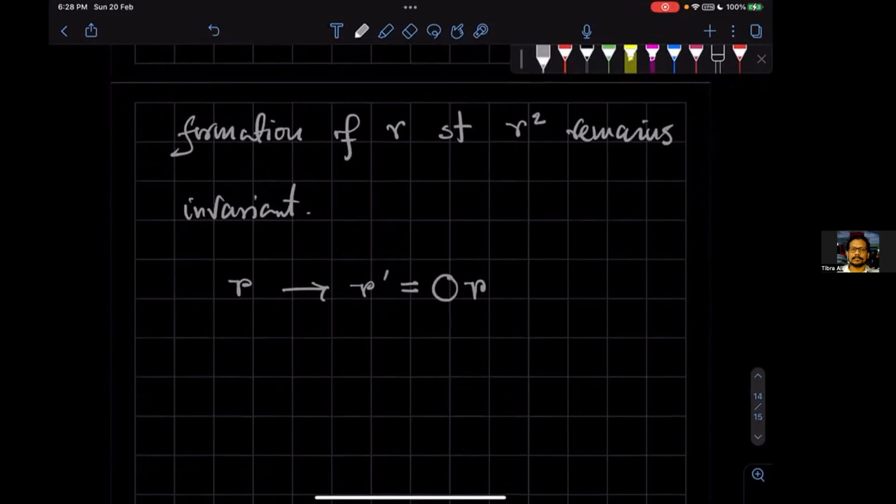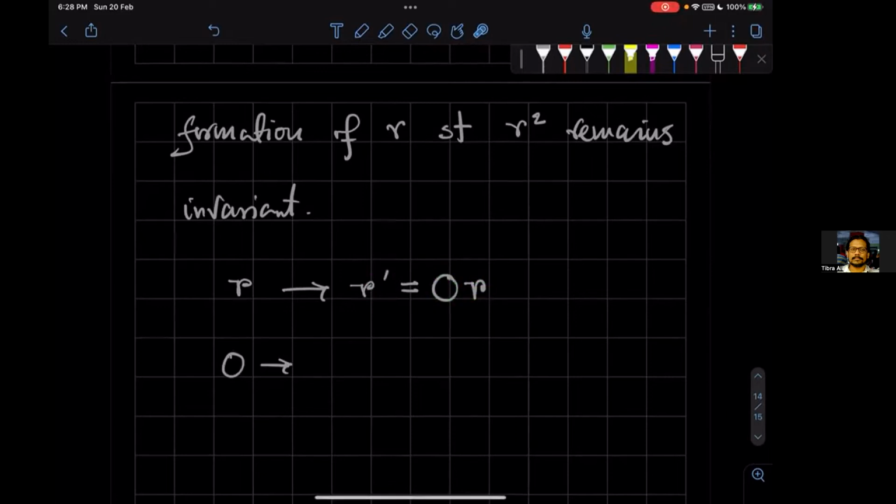Since we are representing small r as a column matrix, how should we represent the linear operator O? R prime is also a three-component column matrix.